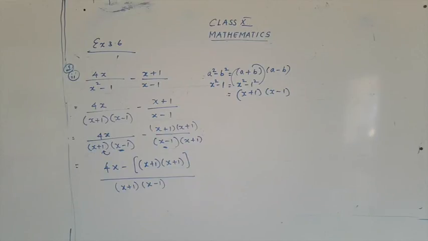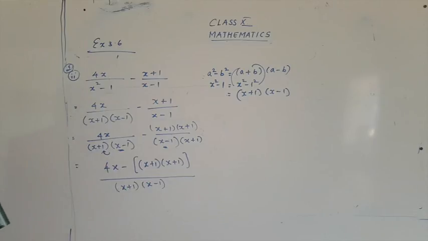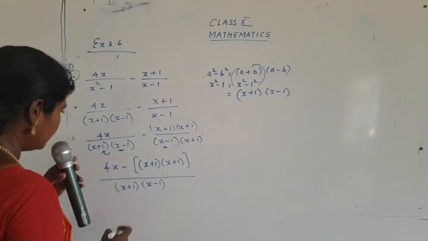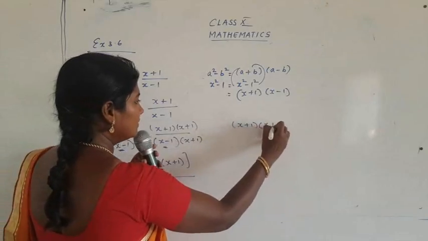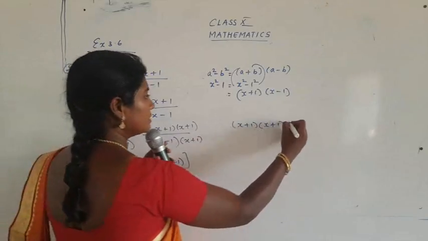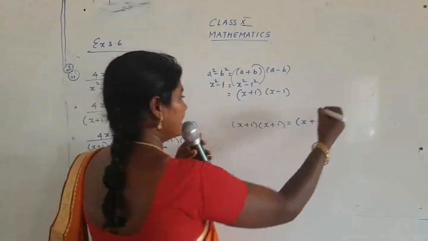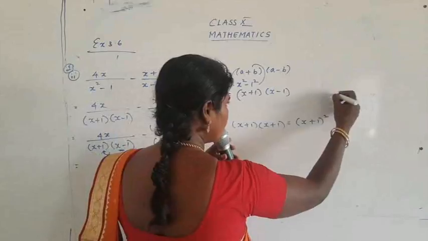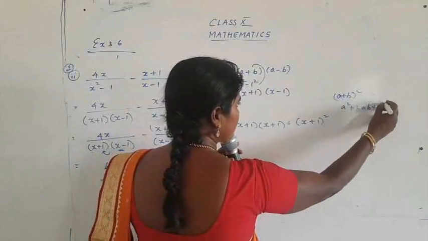So we have two ways of expanding. You can use your normal expansion and multiply, or you can use directly your identities. Okay, so I'll just teach you both methods. It's x plus 1 into x plus 1. The same term is repeated. Yes, children? So this becomes x plus 1 the whole square. So what's the identity used for a plus b the whole square? a square plus 2ab plus b square.